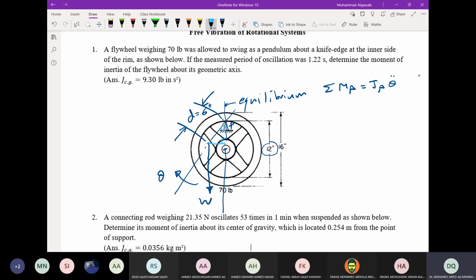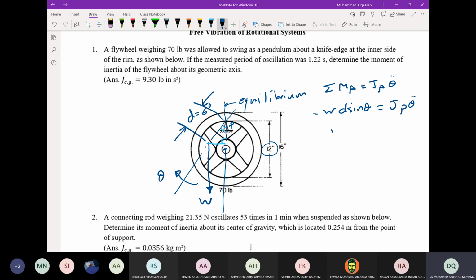The perpendicular distance is the opposite side to theta, so it's going to be minus W times D sine theta equal to J_P theta double dot.